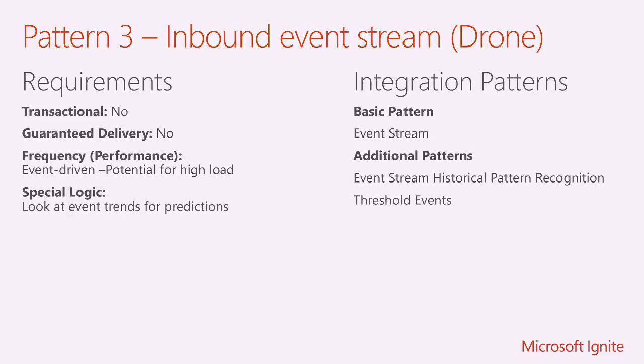So if you're getting thousands of events over a point of time, you probably don't care if you miss an event. In this particular instance, and this obviously isn't for every single scenario of event streaming, you have a drone flowing through the sky. We may want to capture its coordinates as it's flowing through the sky.